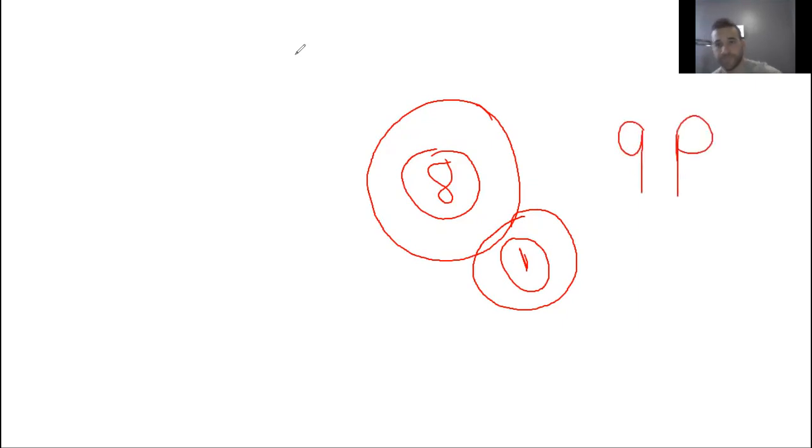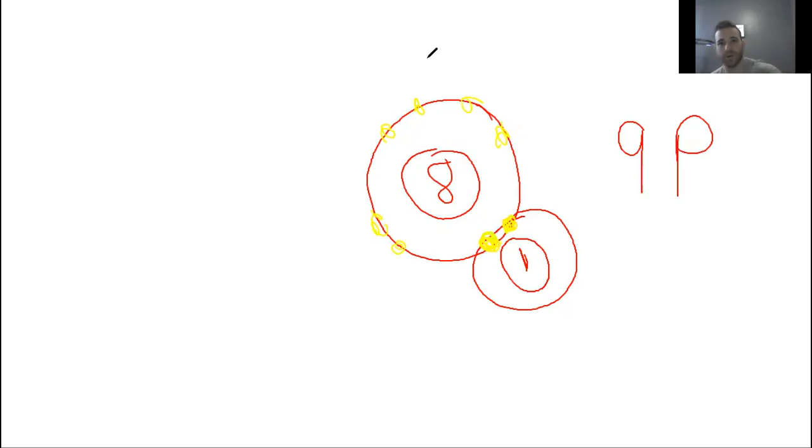Now, the hydrogen atom has 1 electron, and it's paired up with another electron from the oxygen atom. And then we have another pair here, another pair here, and another pair here. So that's the outer orbit of the oxygen atom.